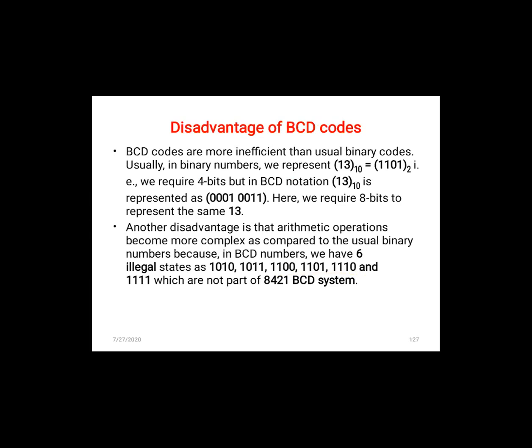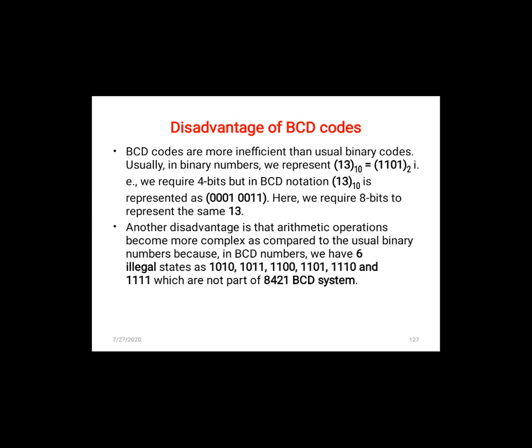So the arithmetic operations usually become more complex compared to binary, because here the number of bits is less, and since in BCD we are dealing with 8 bits, obviously the memory required is more. We are not going much deeper, but for BCD addition there are some illegal states.